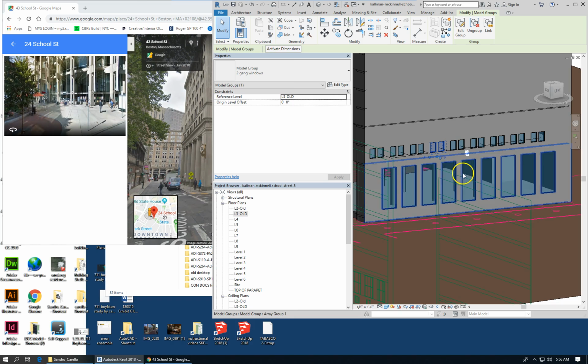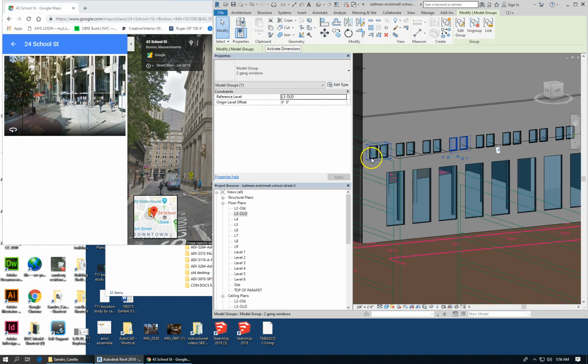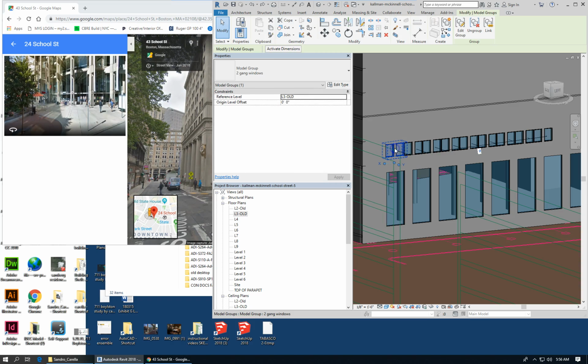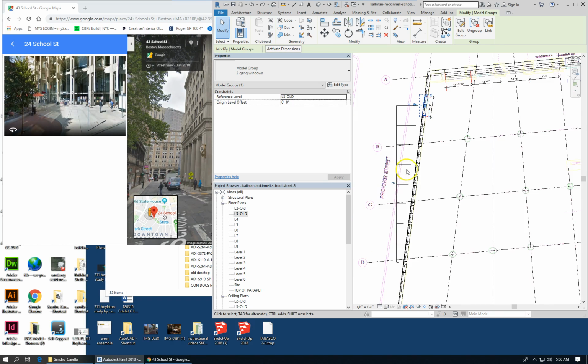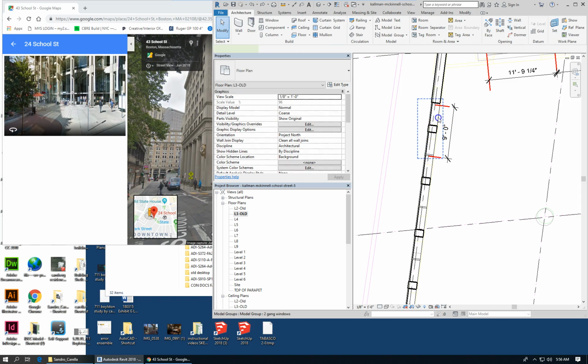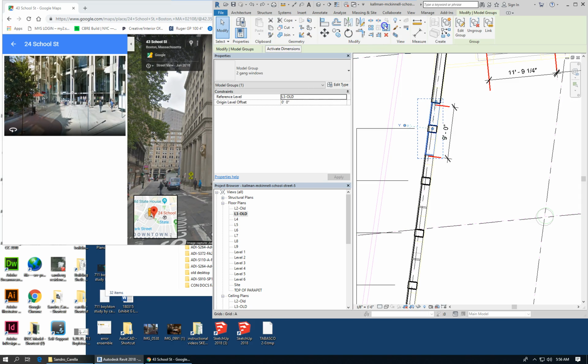It might be right. So we'll have to fix the first 2. We'll have to pin that model group.